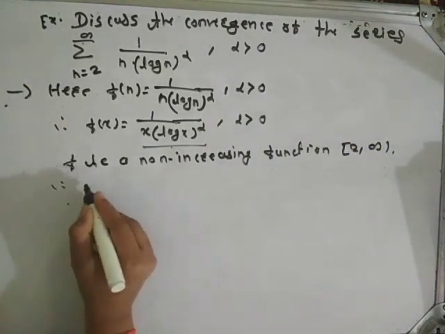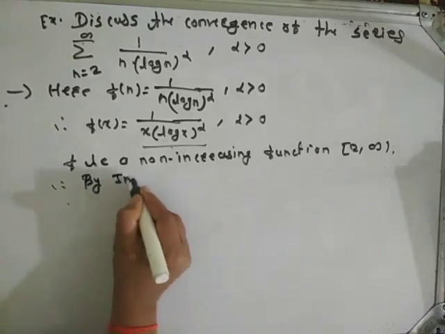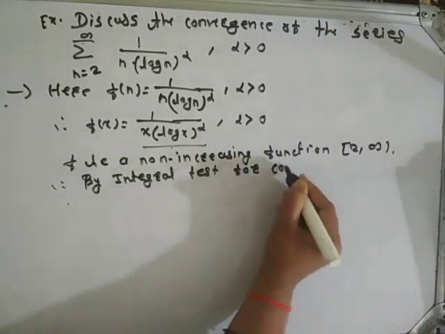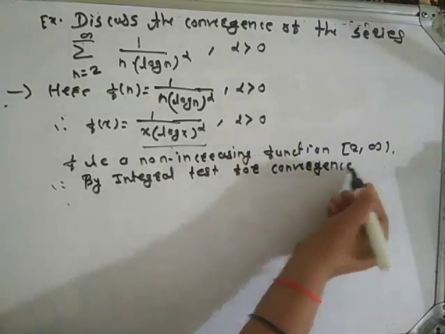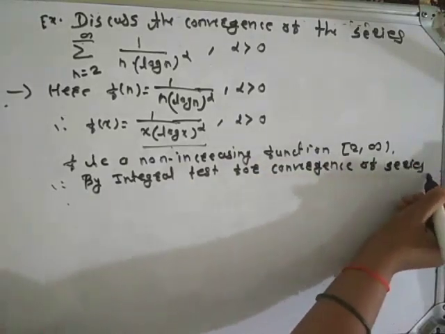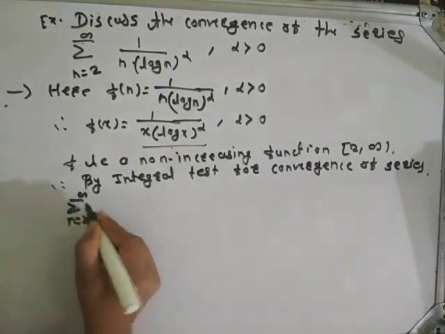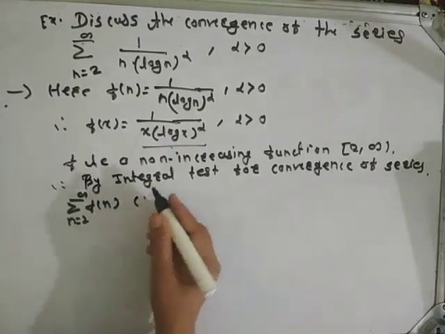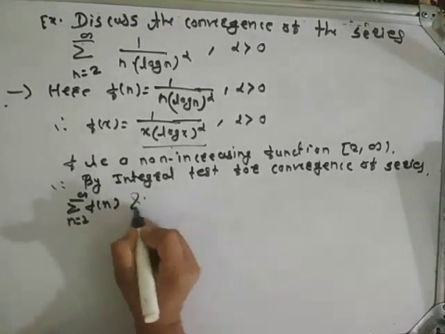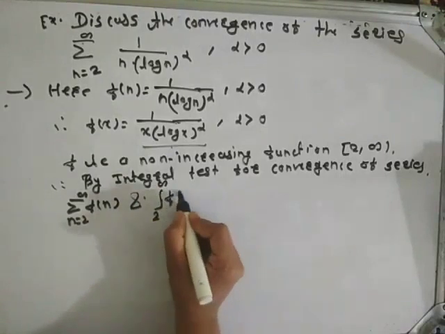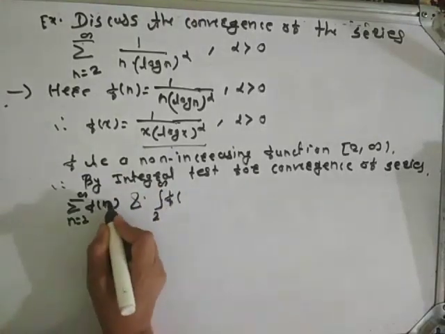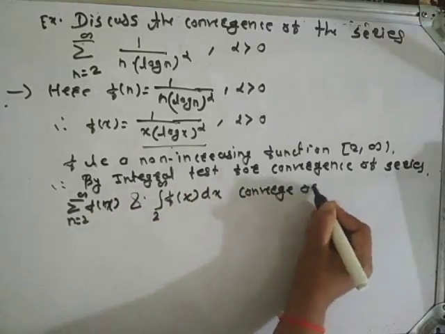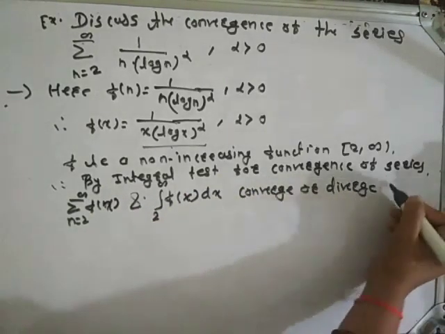So therefore, by the integral test for convergence of series, summation n runs from 2 to infinity f of n converges and integration from 2 to infinity f of x dx converges, or diverges, together.